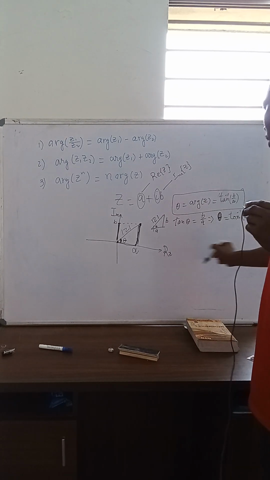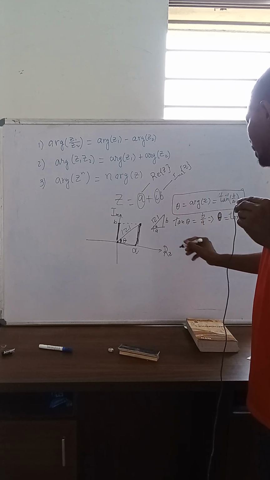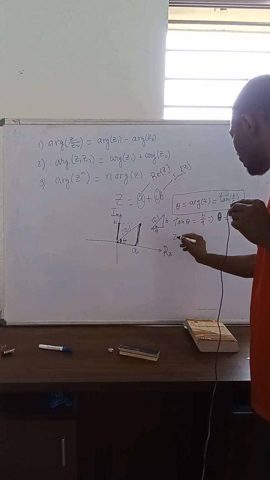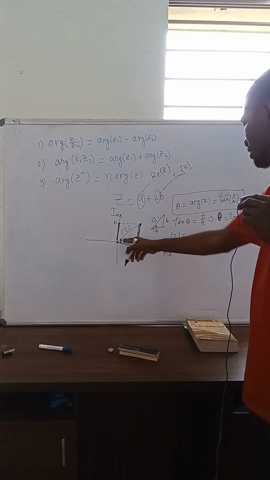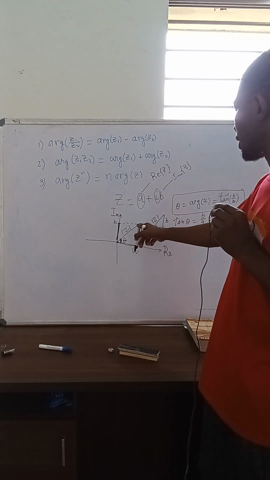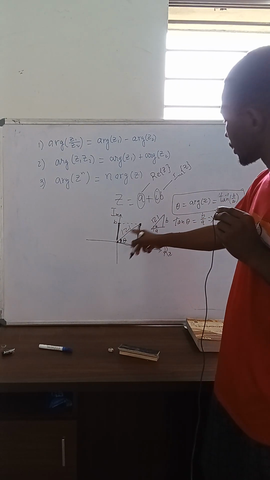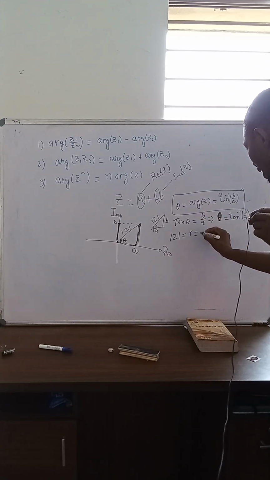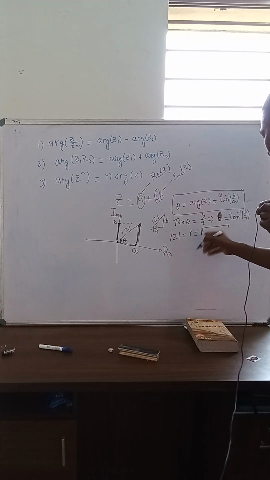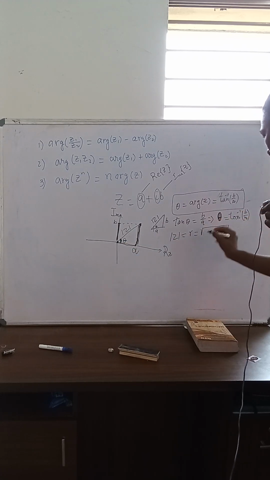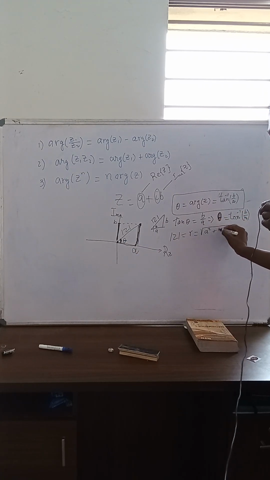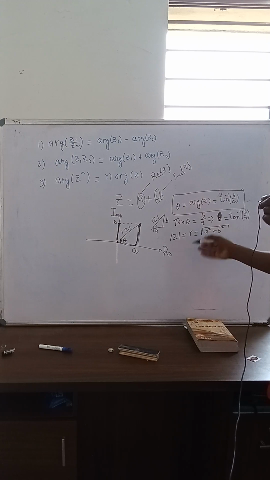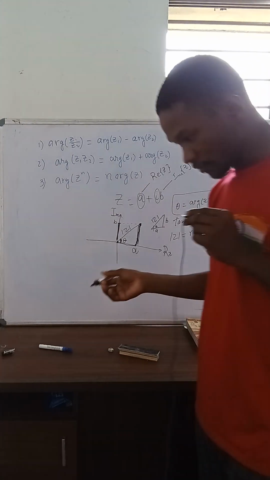So now that we know this, what is z? As we can see here, z will be the radius, which is the same as the root of a square plus b square. So this is what we call the radius.